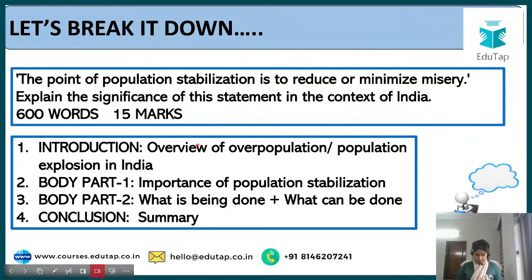So I hope the question clarity is there. Sorry, Shashmita, Kataria, Anu, Shalini, Muskan. So are you clear about the question? And then from here we'll move on to discuss the introduction, that is, an overview of overpopulation or population explosion in India. Okay.